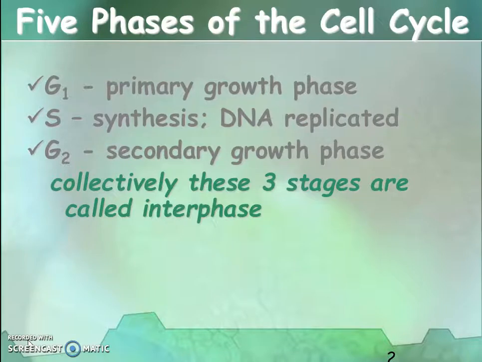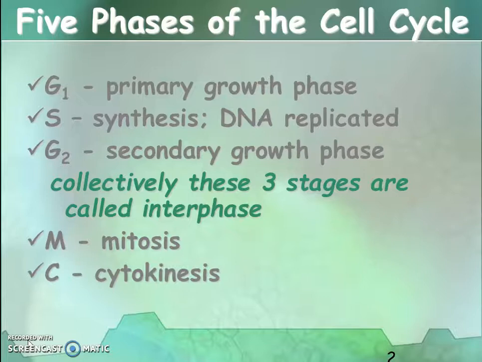And all these 3 stages are called interphase. After interphase, which comprises G1, S, and G2 phase, comes the cell division, which is one, mitosis, and after that is cytokinesis.